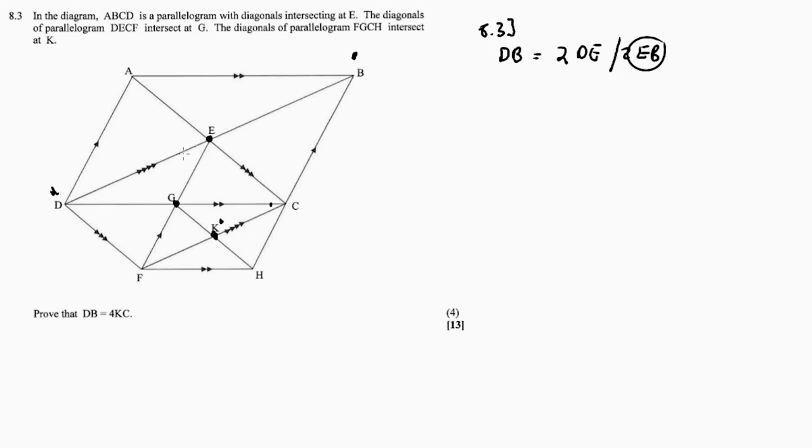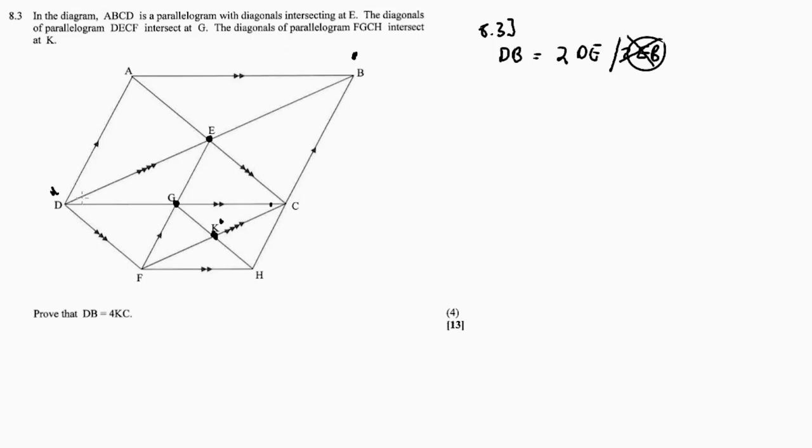Now, how can I create that link? It's only if I use the length DE, right? So this one is irrelevant. I can either say DB is equal to 2DE or 2EB. Since this is irrelevant, ignore it. So we use DB equals 2DE.